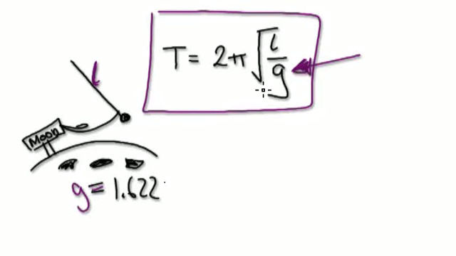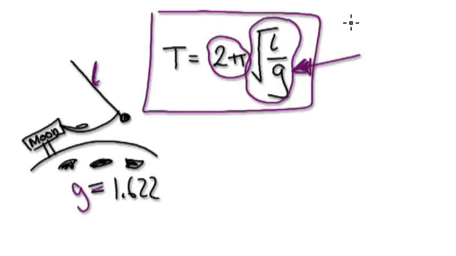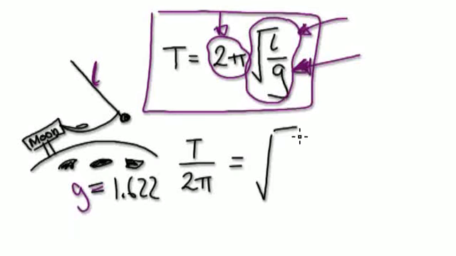So all you have to do is rearrange it to make L the subject. So here, imagine at the moment you've got one bubble multiplying this bubble here. L is stuck in this bubble here. Let's kill off this bubble now. So divide both sides by 2 pi. So take the t down, divided by 2 pi. On this side, it will be root L over g.